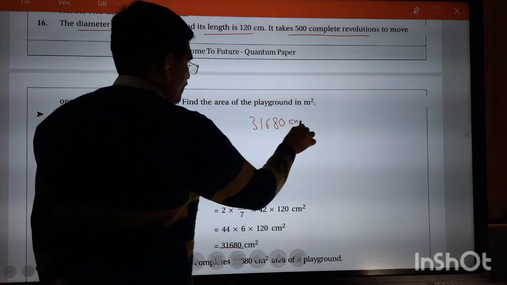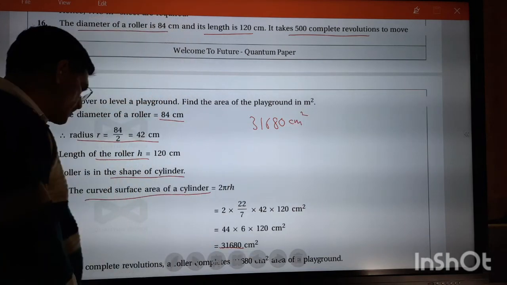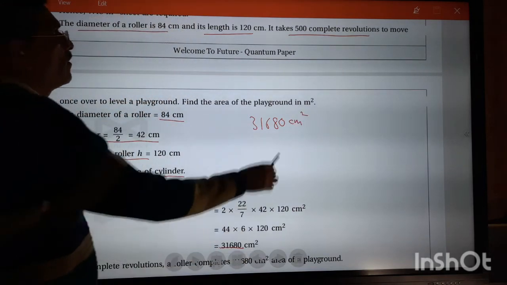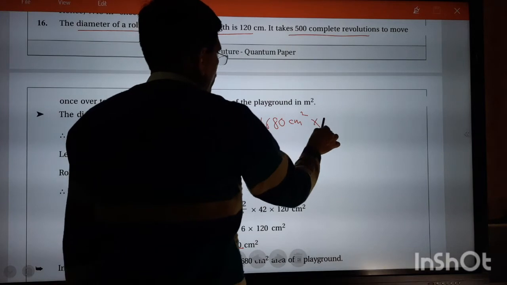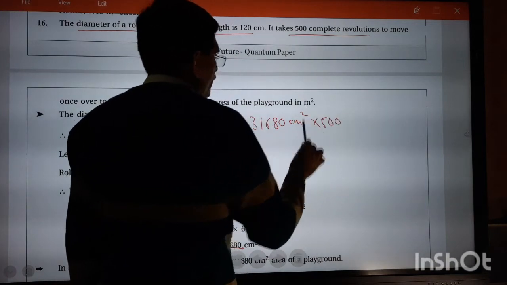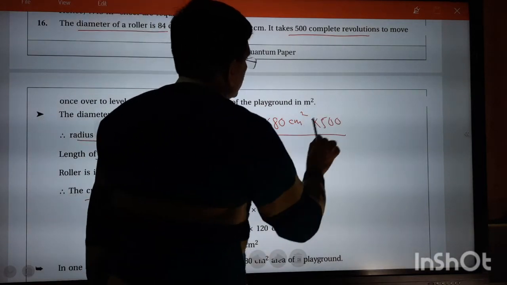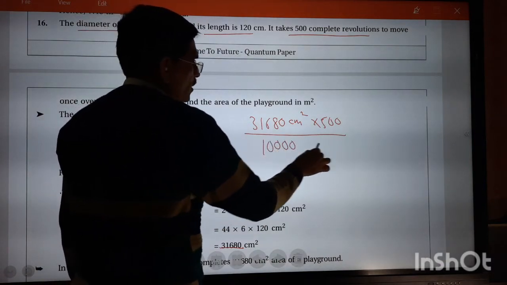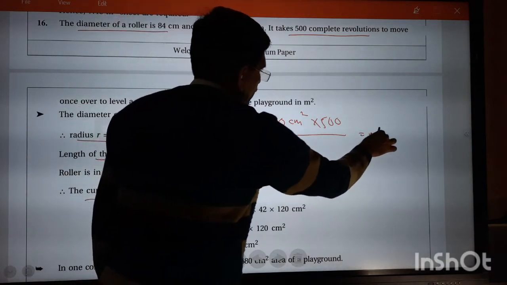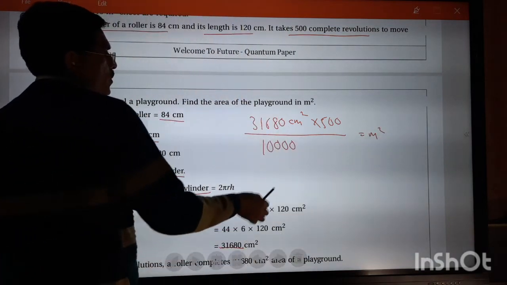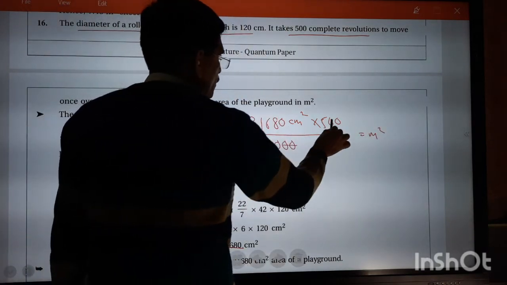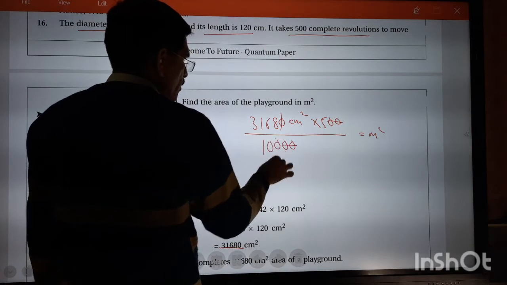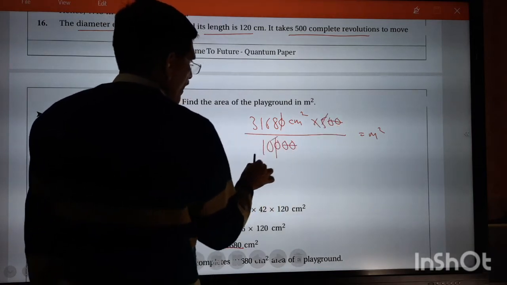Now if I put all these values, I will get the answer 31680 centimeter square. But how many revolutions do I have to complete? 500. So I have to multiply by 500, and then the centimeter square must be divided by 10,000 to get the answer in meter square. 20 cut, again 10 cut, 5 twos.